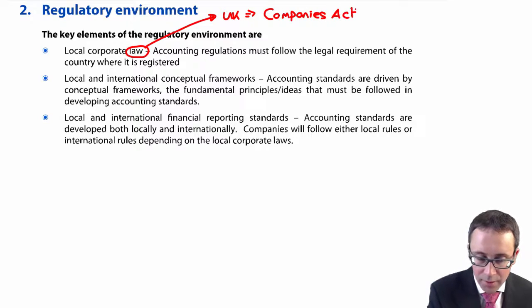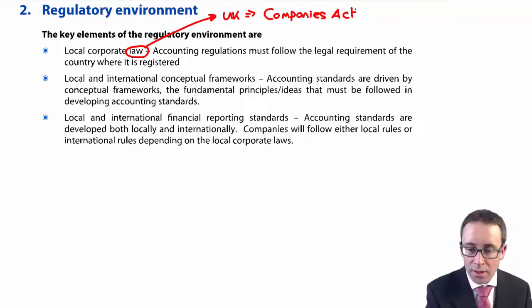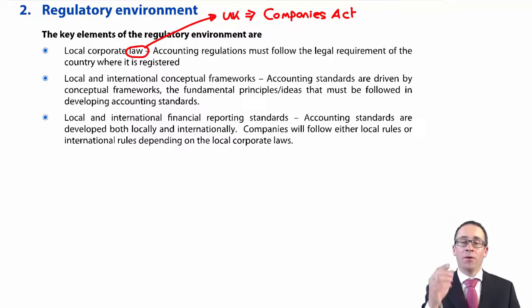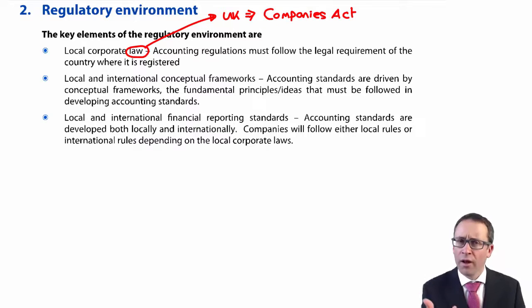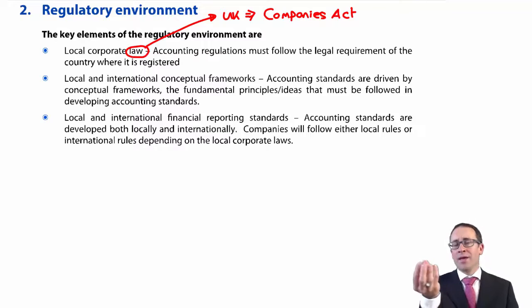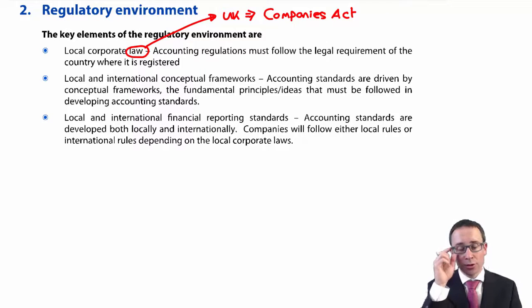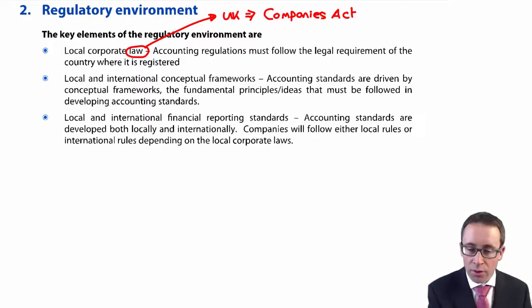It was established by the UK government and gets updated fairly regularly, and it lays down the law on which accounting regulations you must follow. It doesn't list out the accounting rules, but it tells you what rules you must follow. So who provides those rules? Well, that's what we'll see in a moment.